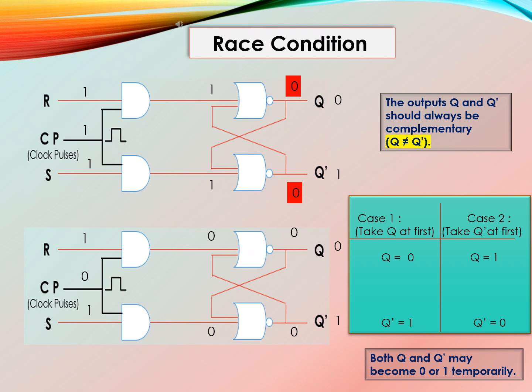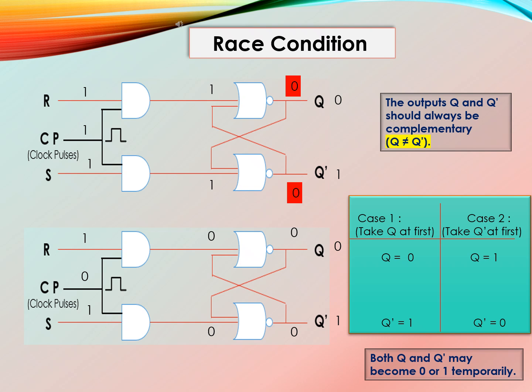But when we take the second diagram, we see that R and S are 1, but clock pulse is low, that means CP is 0. So the inputs of the NOR gates are 0 and the outputs of the NOR gates are also 0. So this is an invalid position. So we have to remove this.